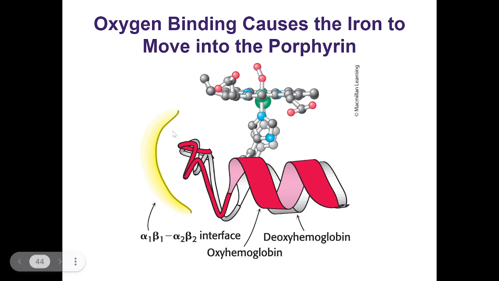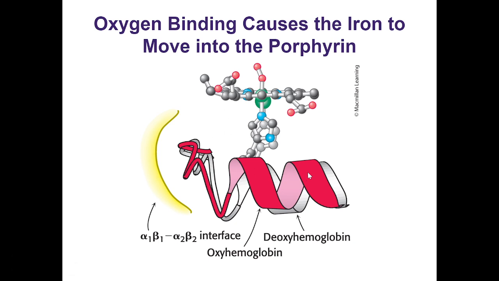So what we have here is our interface gap. This is the alpha 1, beta 1 coming together with the alpha 2, beta 2. Our two hands coming together, right? Within that gap, we have this interface right here. And what we're going to see is that this right here in the red is the oxyhemoglobin, i.e. the R state, right?